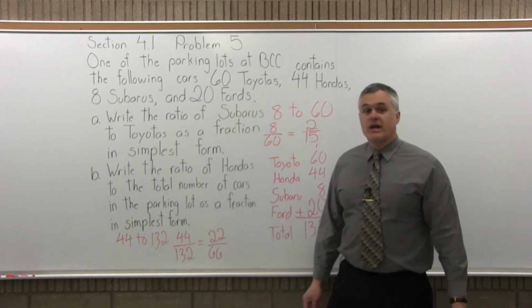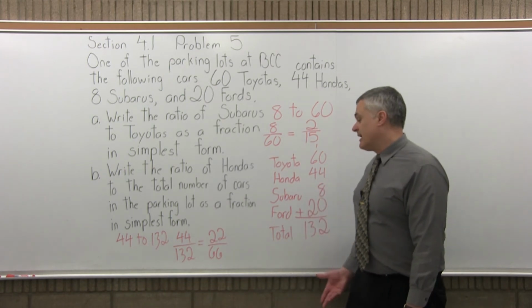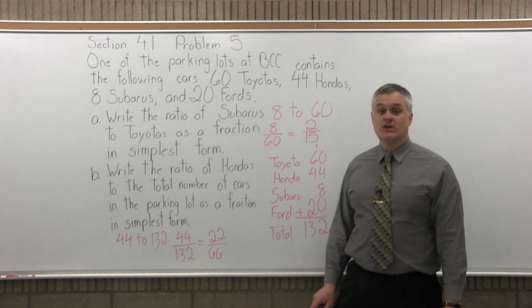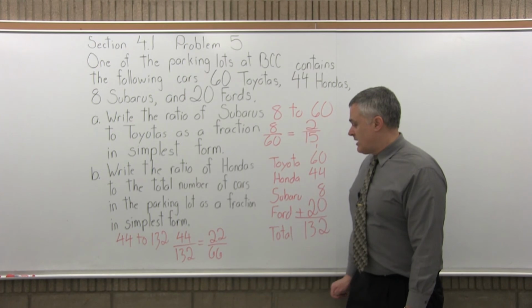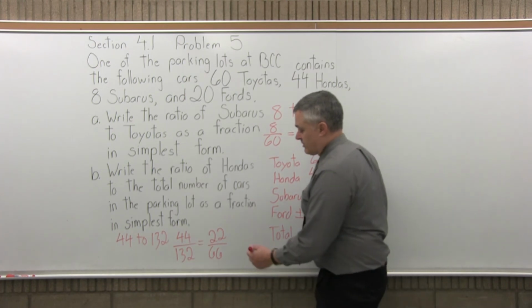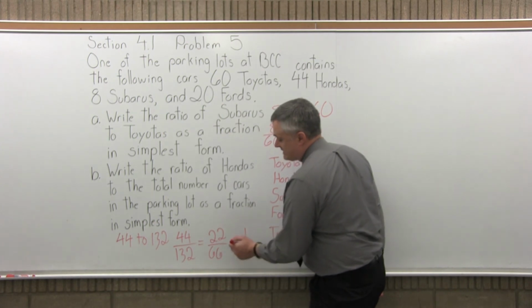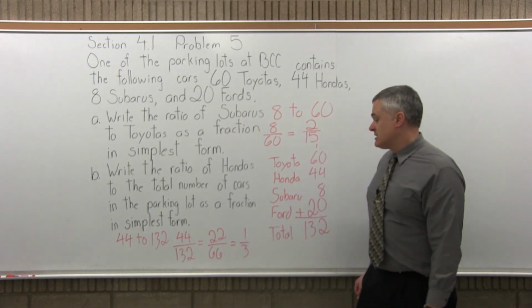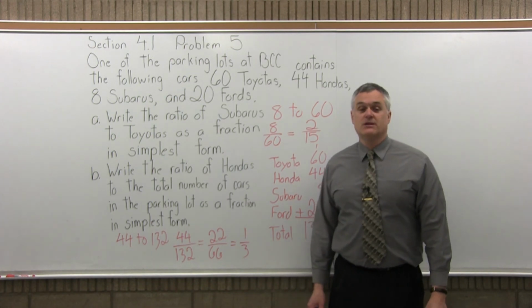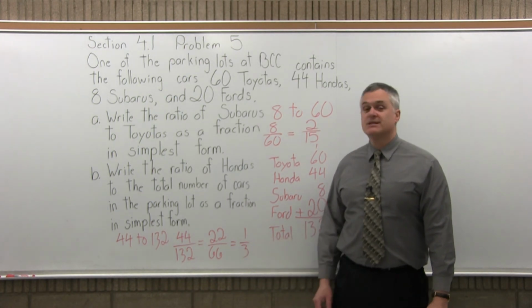And now at this point I can see that it can be reduced. Again, they're both even, but I can see 11 goes into both of them. Actually, 22 goes into both. Right? 22 divides into 22 once. 22 divides into 66 3 times. So 1 over 3 is the fraction in simplest form.